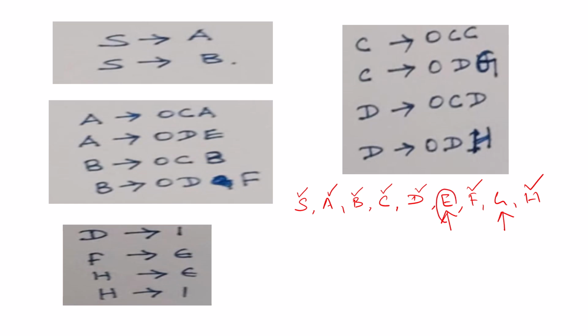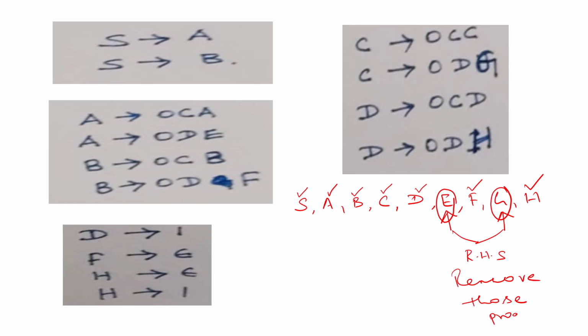So we want to eliminate these two productions, that is, productions having these two variables on the right hand side. So in the productions the E and H are on the right hand side, we want to remove those productions.